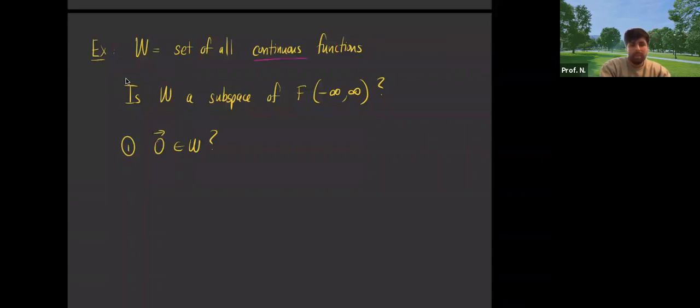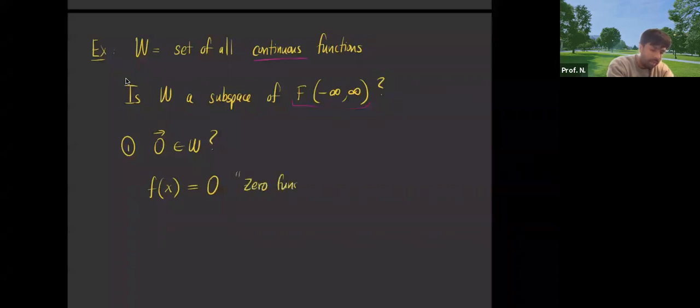F of 0 is the function defined at x equals 0. But what is 0 as a function, where you're dealing with the set of all functions defined on negative infinity to infinity? So this has to be f of x equals 0. Do you see how this is the 0 function, quote unquote?